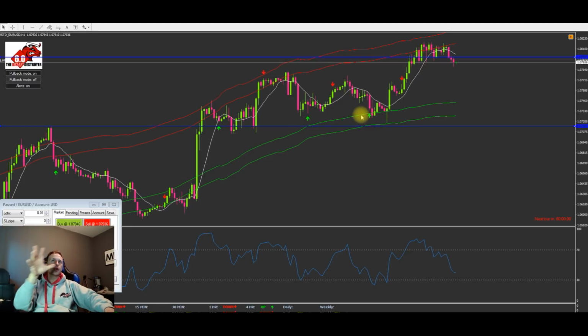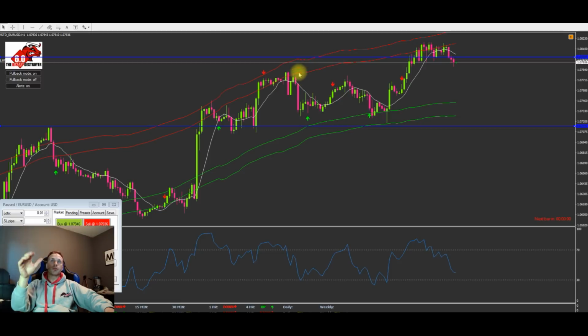Now what you can do in a situation like this is use a trailing stop loss. So instead of having a preset stop loss and a preset take profit, you can bring a trailing stop into play to lock in those profits. Even though I lost this trade by 10 pips, I might have brought my trade into profit.